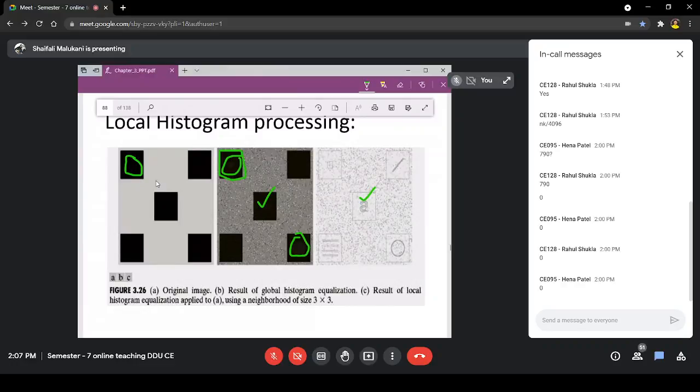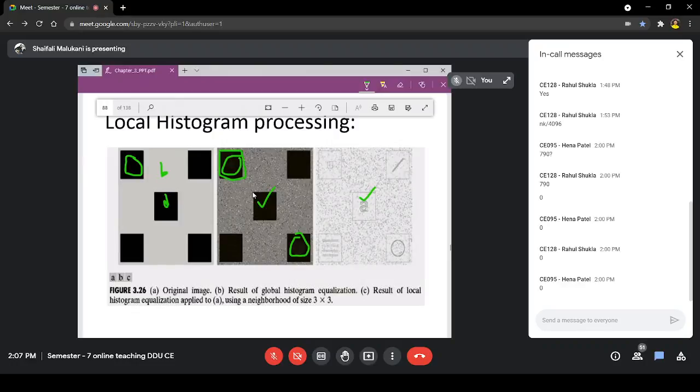Here, why did it not work? Because bright intensities and dark intensities were both present. What histogram equalization is doing is giving you the stretch from dark to bright, but both the intensities were already present, that's why it did not work in this particular region.